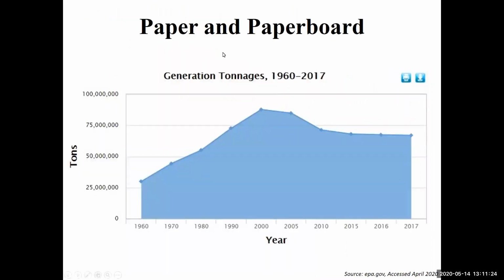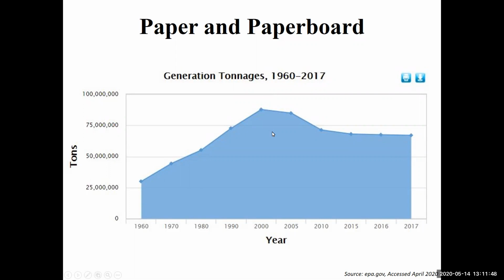Now, I want to point out that we're looking at paper and paperboard. Although paper and paperboard was the largest component of our municipal solid waste stream, the amount of paper in our waste stream has actually decreased since about the 2000s.